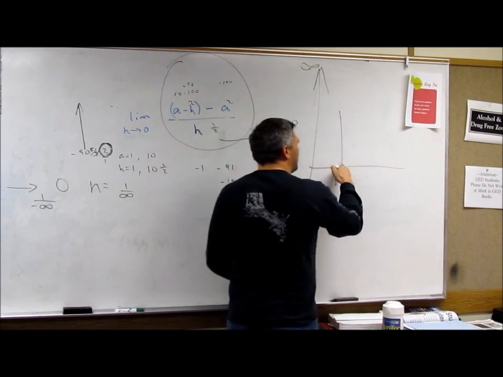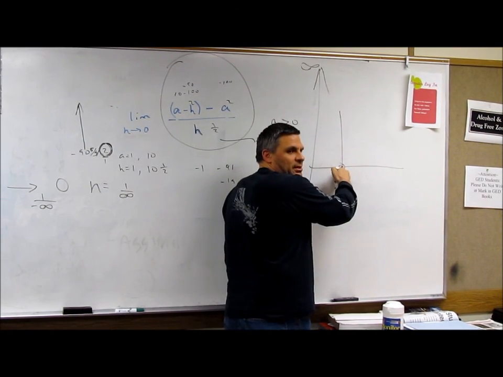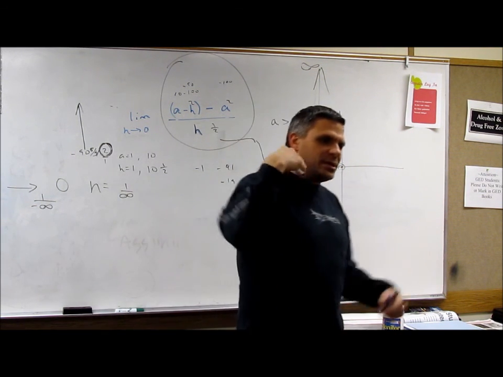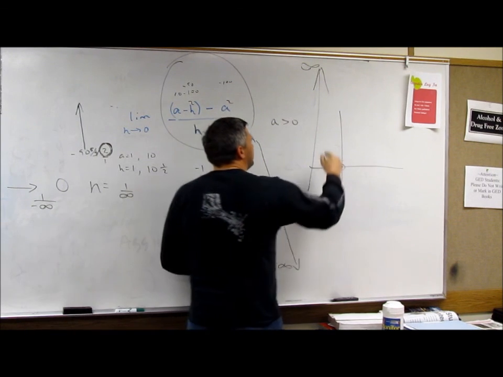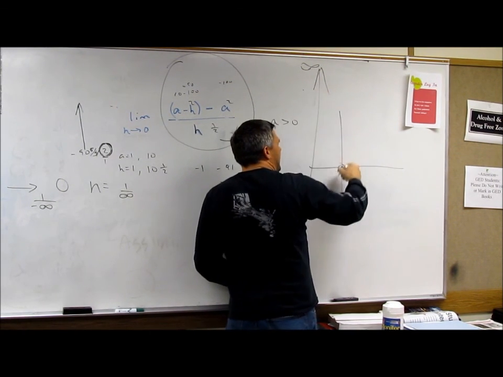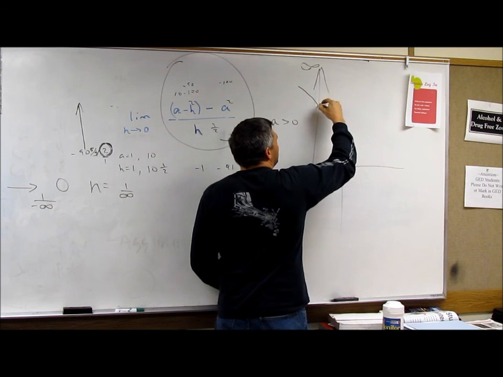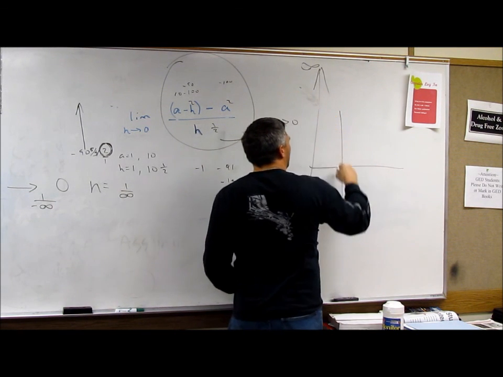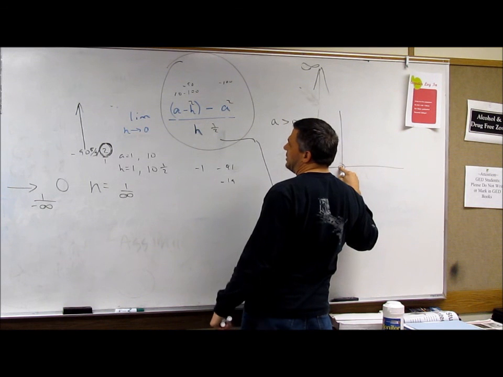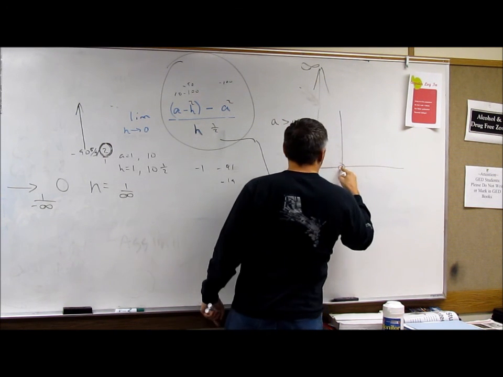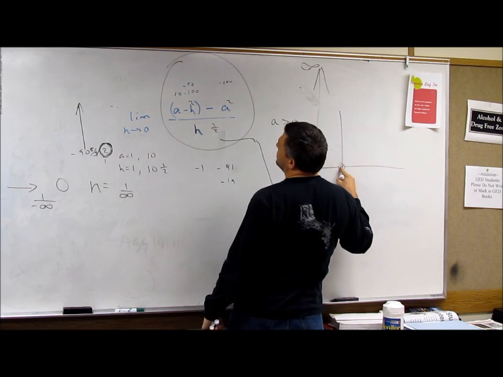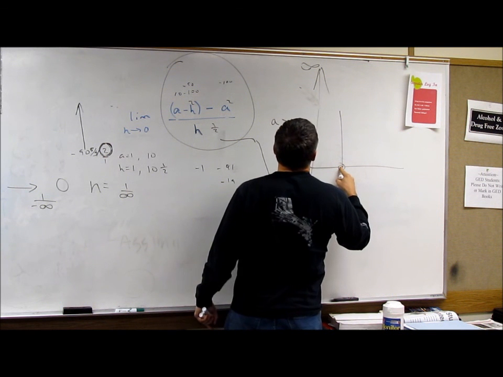But as we're getting closer and closer and closer to h being, and let's think of h as being on the x value, right? As h being, so this is, the closer we get to negative, right here, the closer we get to infinity, right?